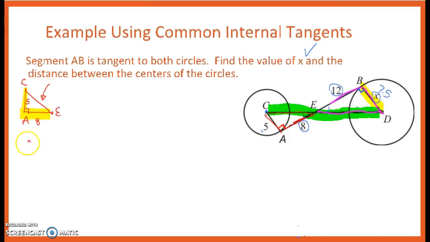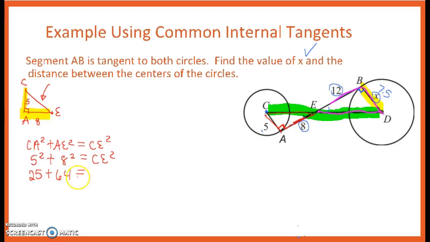So I can say that CA squared plus AE squared is equal to CE squared. Well, CA is 5, so 5 squared, plus AE is 8, 8 squared is equal to CE squared. Well, 5 squared is 25. 8 squared is 64. And those together will give me CE squared. So 25 plus 64 gives me 89.